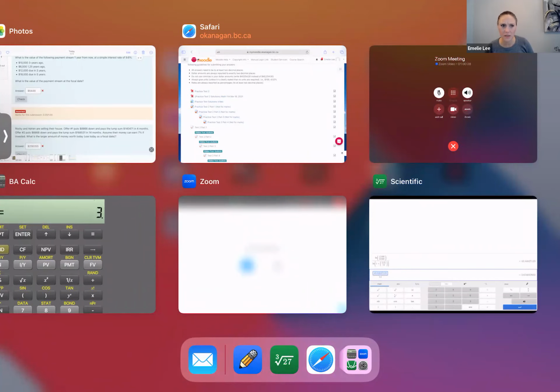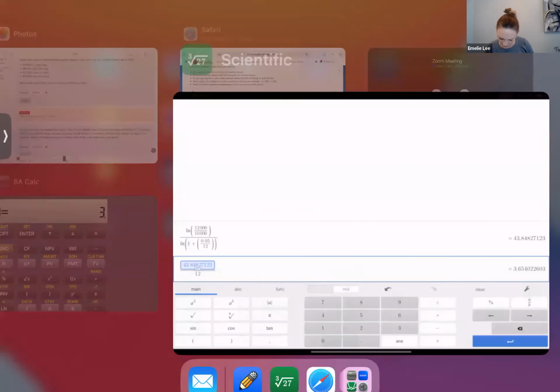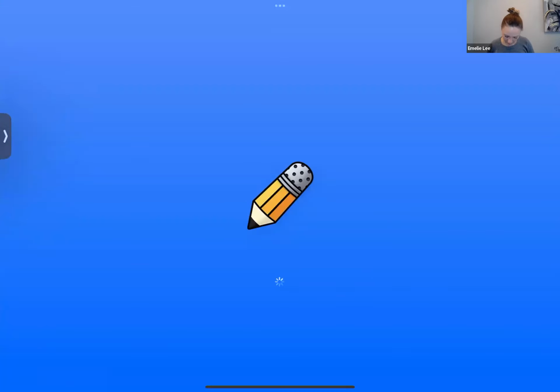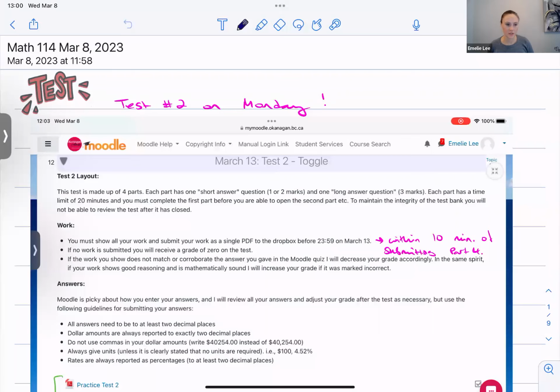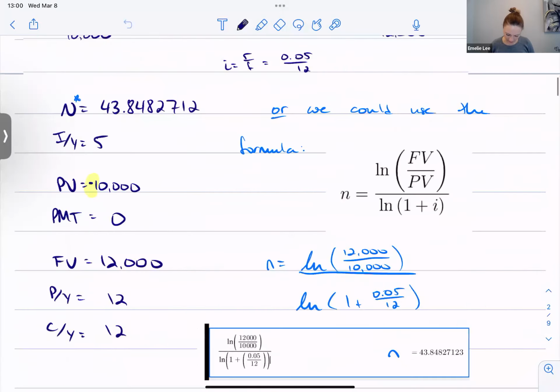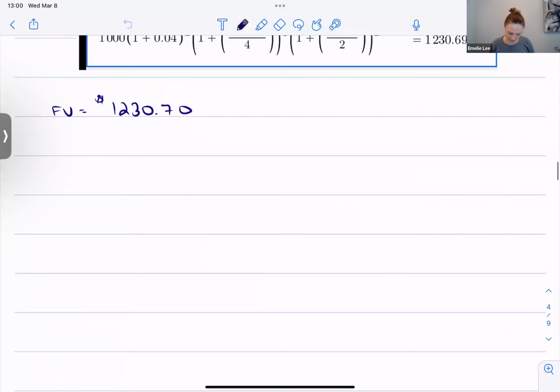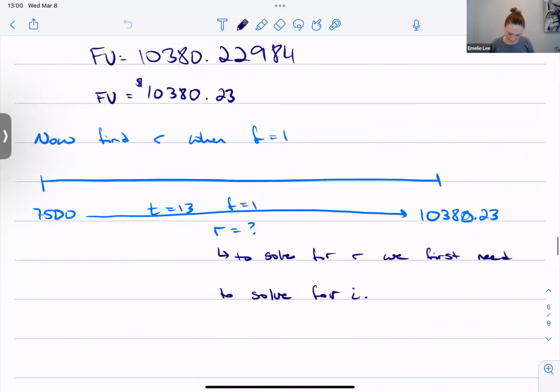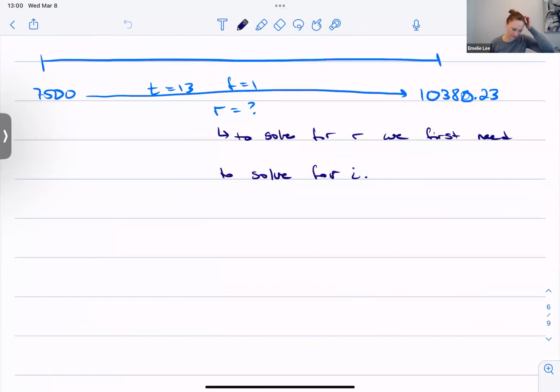Why does the Zoom meeting look so weird? Anyways, I think it's okay. Try restarting this app. Okay. It was giving me grief all day today. So why not? All right.